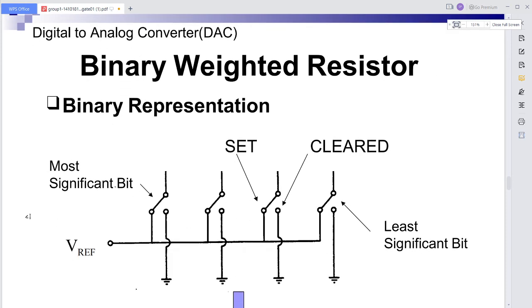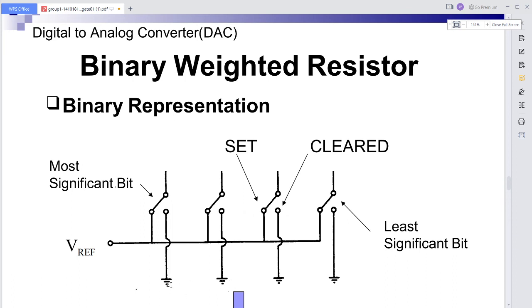Now I am explaining only the switches. This is V reference, and we are going to fix it as 1, because in order to turn on the integrated circuit we must apply some reference voltage. This is the most significant bit, and this is the least significant bit. If a bit is 0, it is directly connected to the ground.